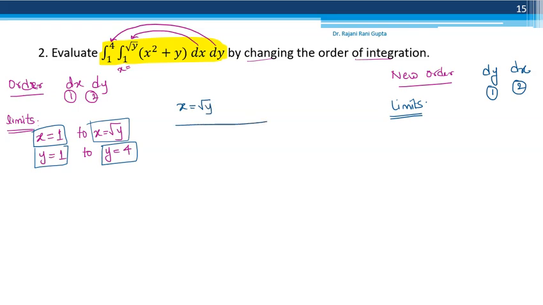So let's prepare a table to get the values on this curve, with values of x and y. Since here x is in terms of y, we substitute the value of y to get the value of x. Suppose I substitute y equal to 0. What will we get? x equal to root of 0, which is 0.